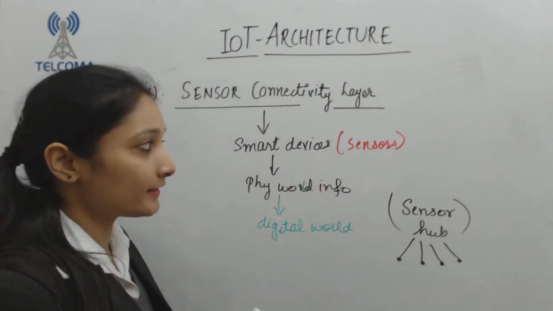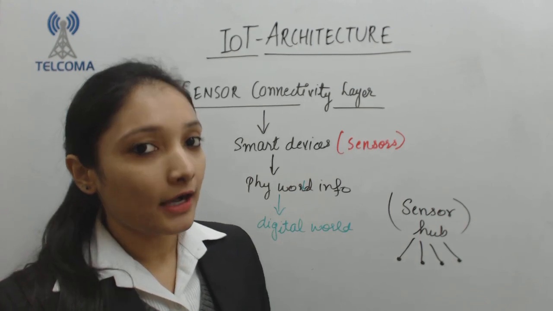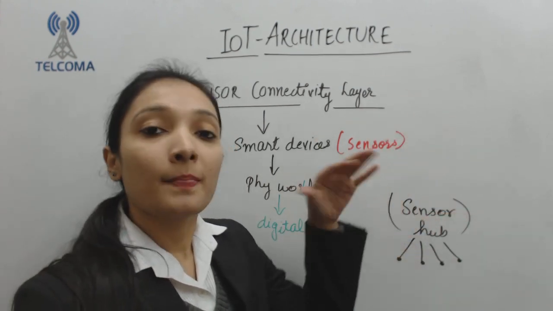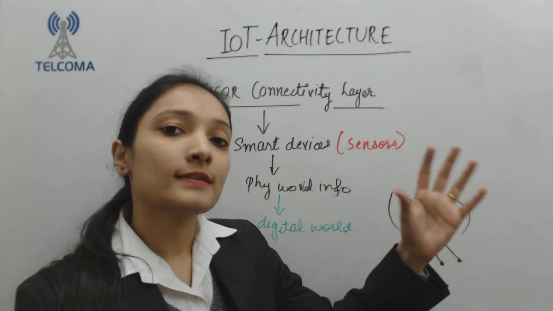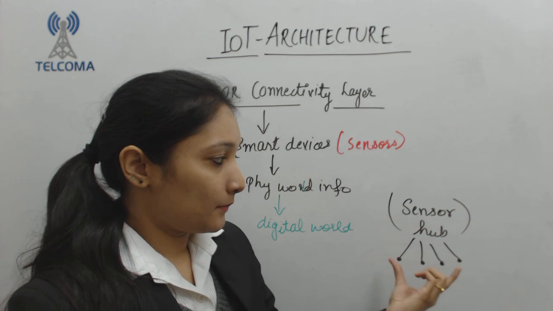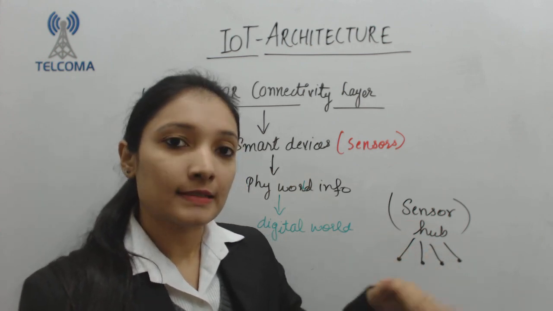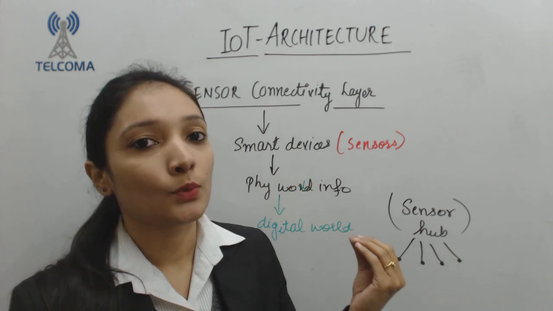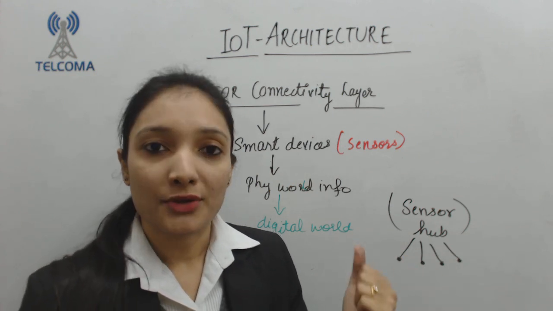So we can say that these sensor devices are acting as an intermediary between our physical world and the rest of the digital world, or the rest of the IoT system here. So these are able to capture that information and then transmit it to the further layers so that the data can be analyzed, or processed.